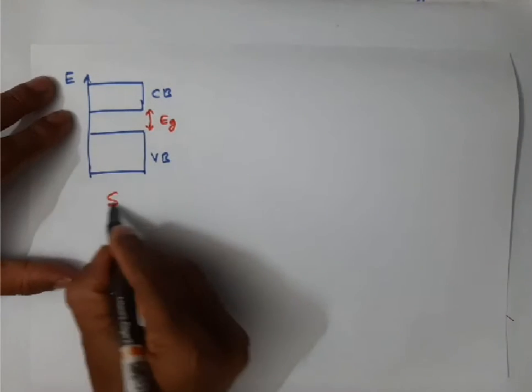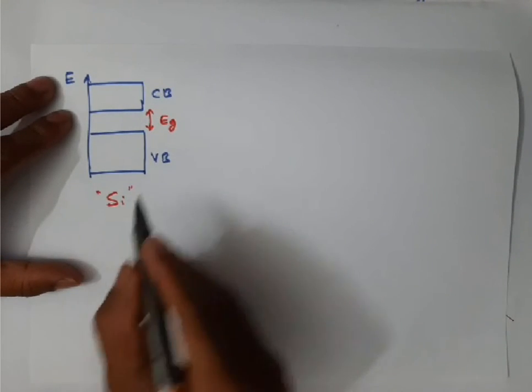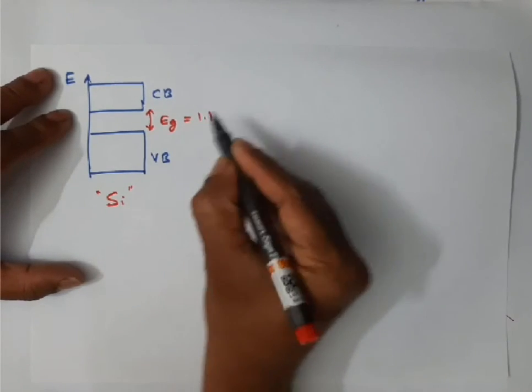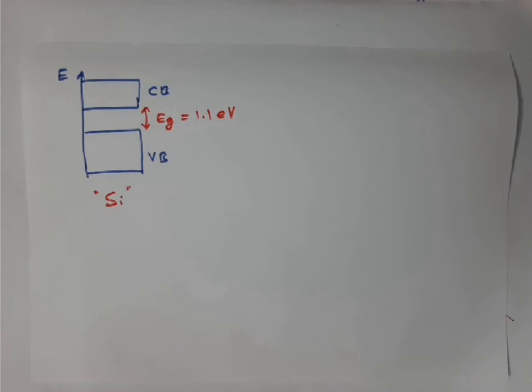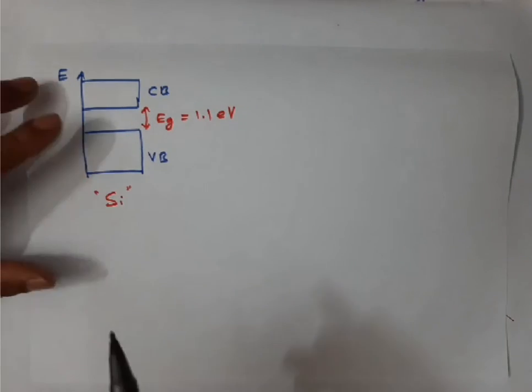Suppose you take silicon, this band gap is 1.1 electron volt. Each and every material has a specific value of band gap; for silicon the value is 1.1 electron volt. Students, listen carefully.